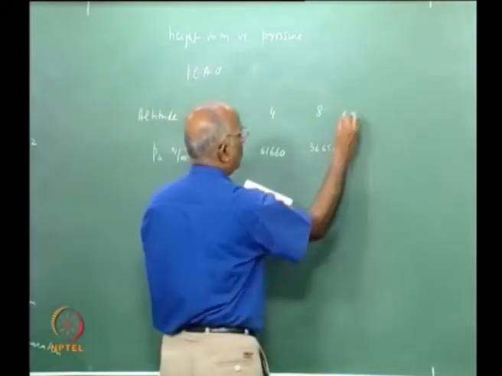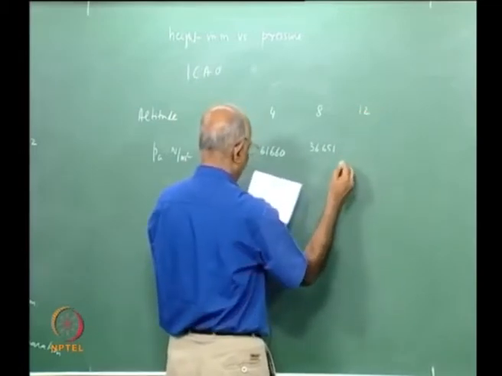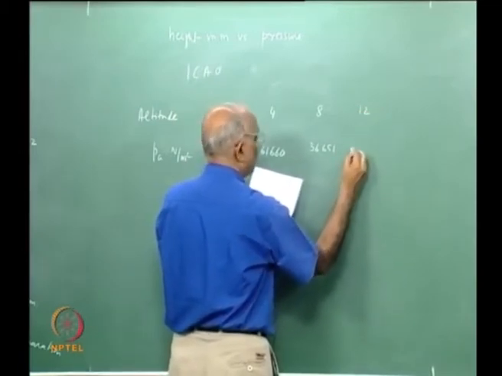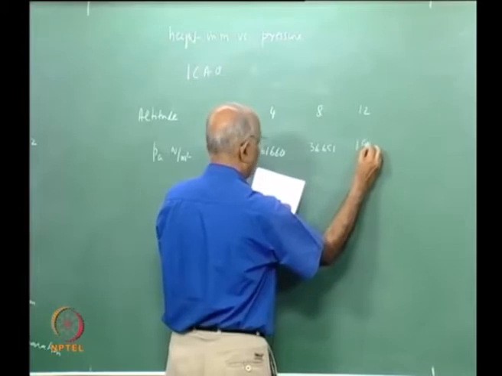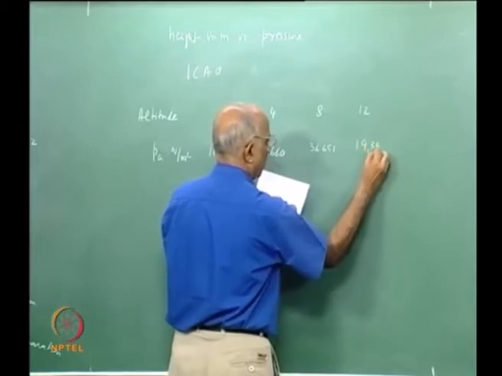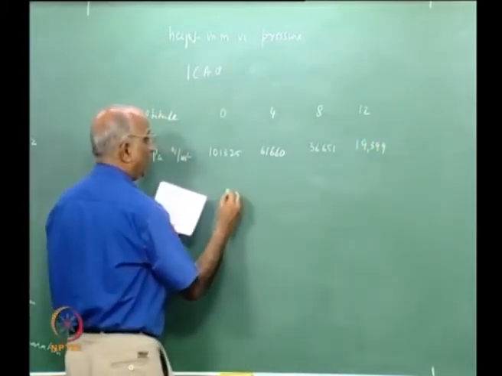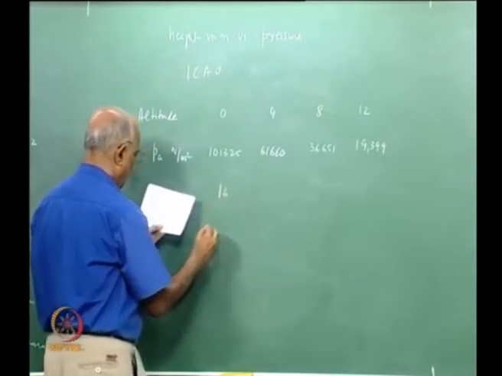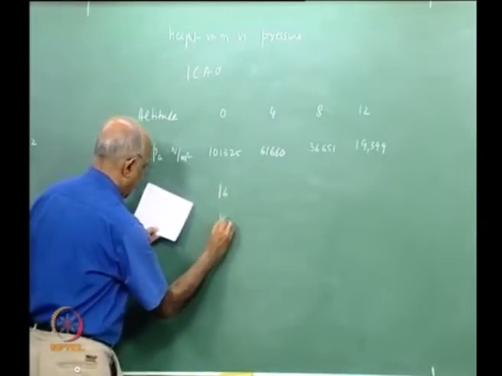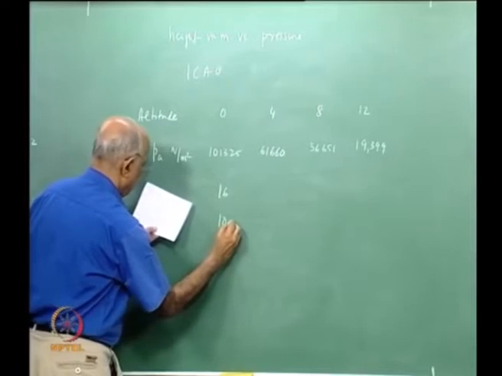Let us put 2 or 3 more. At 12 kilometers, the value is 19399. If the altitude is 16 kilometers, it is 10353.